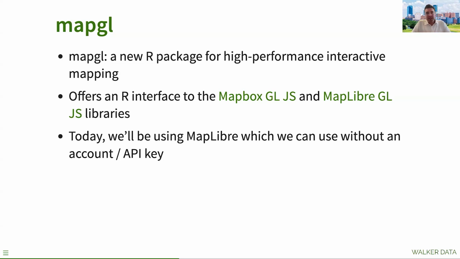Now, Mapbox had noticed, and I do understand this, that GL JS was potentially being brought in and used to power mapping libraries by much larger companies, and so they decided with version 2 to adopt a commercial license.